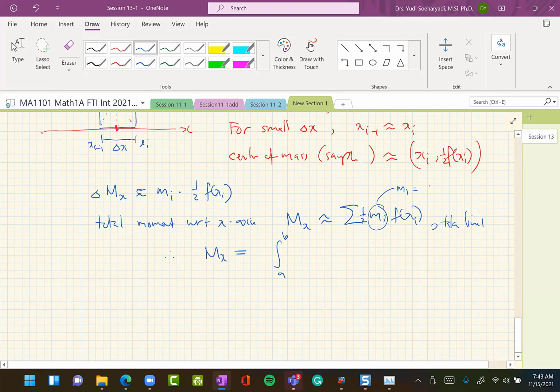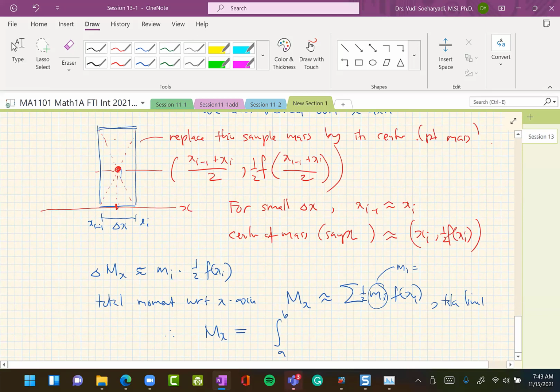Height is f of x, and the width is delta x.